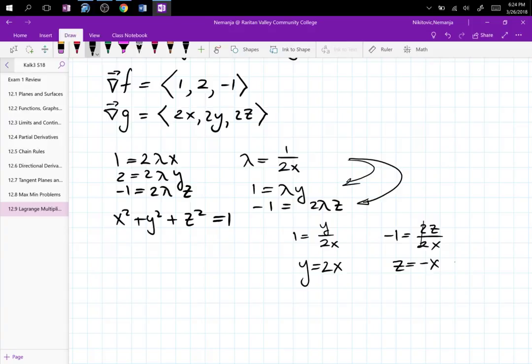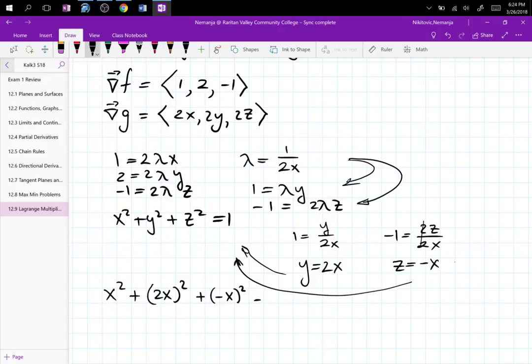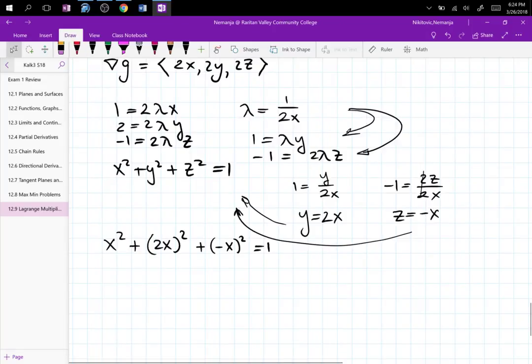Now I can feed these into the constraint equation and have x squared plus, instead of y squared, I get to write 2x squared plus, and instead of z, I get to put negative x squared equals 1. So that's 6x squared altogether. 6x squared is equal to 1.